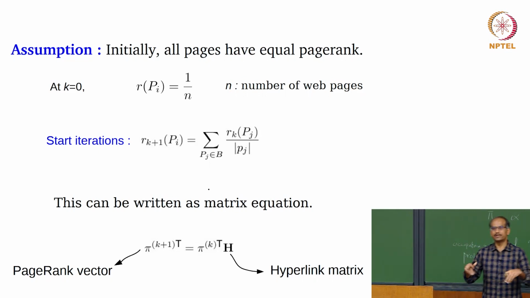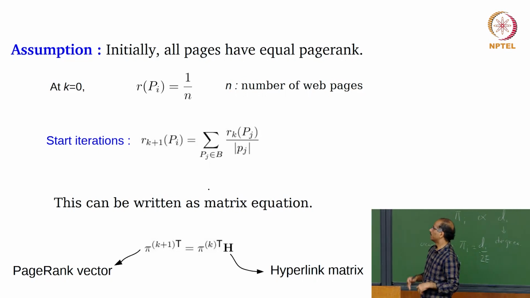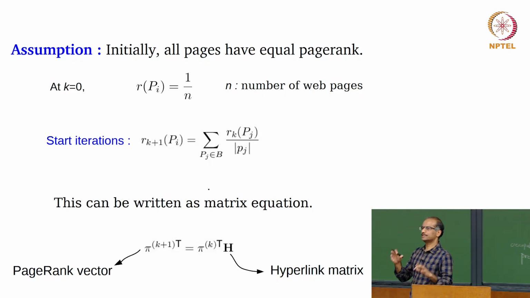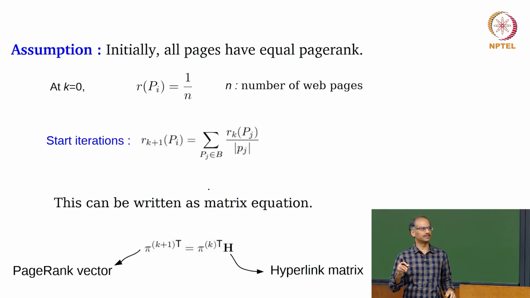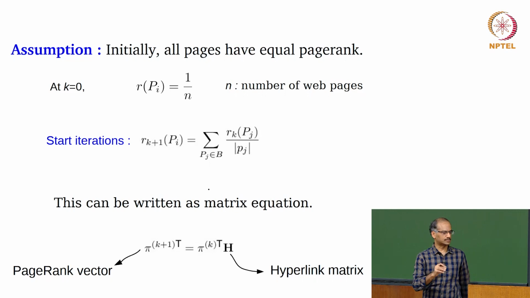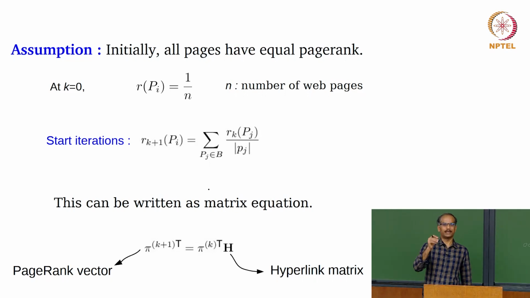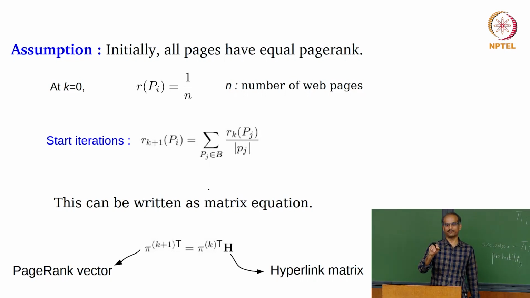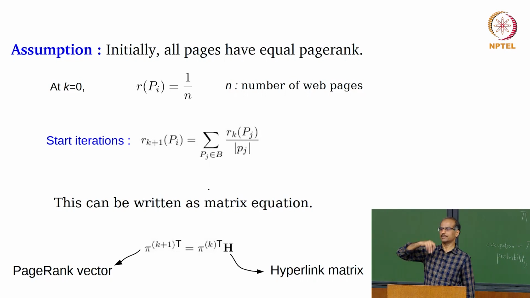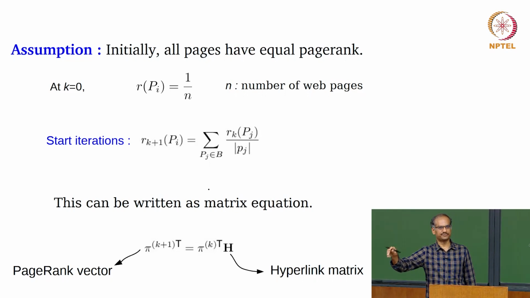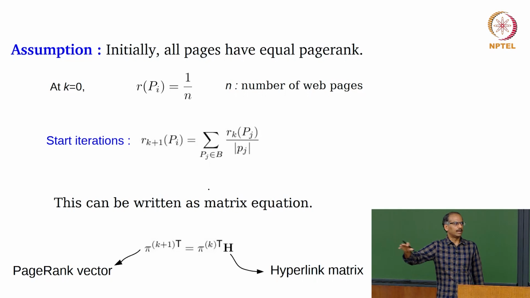Now you can treat it like a random walk. You can think of a random surfer, meaning someone who starts from a web page and randomly chooses one link from there, goes to some other web page, again randomly chooses another link from there, and keeps doing this.